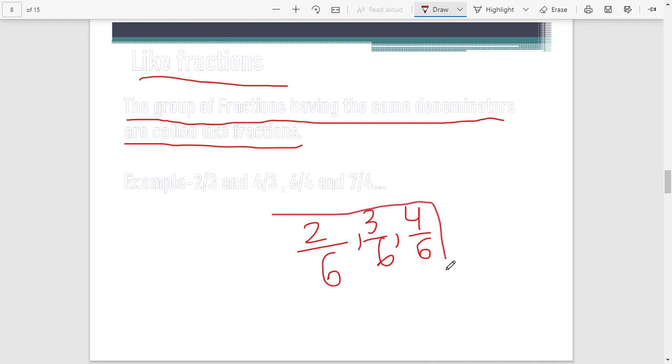These three fractions together are a group of fractions. The denominator is the same in all three fractions. In 2 upon 6 the denominator is 6, in 3 upon 6 the denominator is 6, in 4 upon 6 the denominator is 6. So a group of fractions having the same denominator 6, 6, 6 is called like fractions.